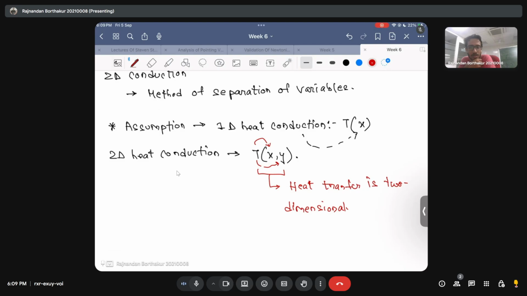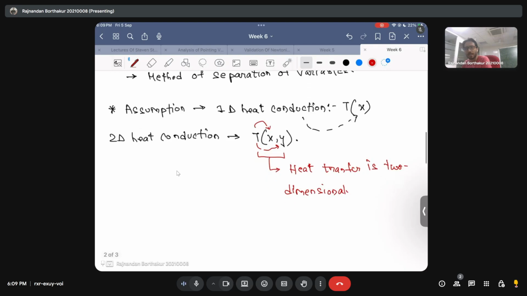Earlier, assuming a steady state heat transfer process, our governing equation, since the temperature was just a function of x, was just an ODE. So we had known techniques for solving those ODEs analytically without invoking any assumptions.